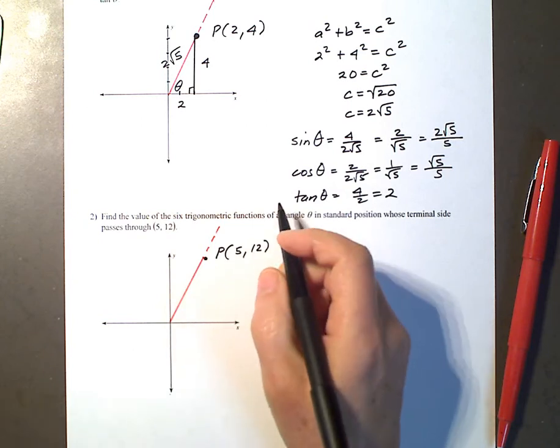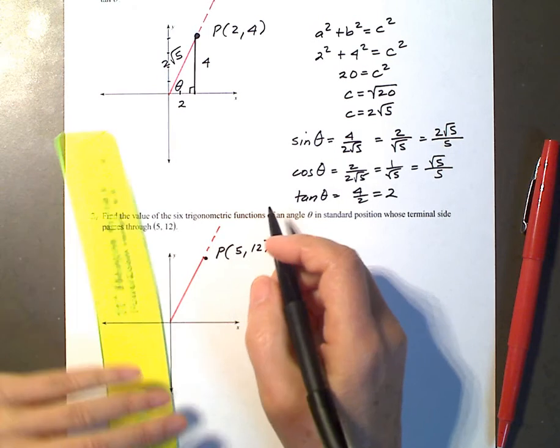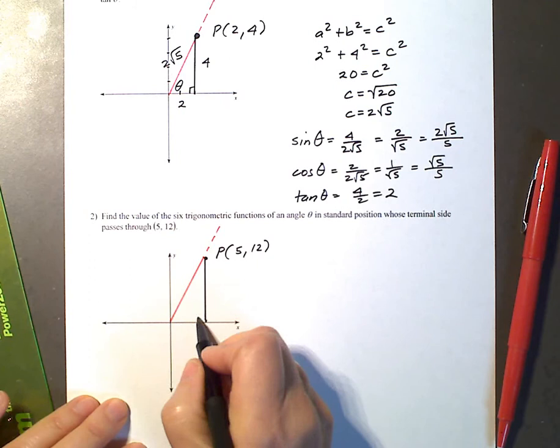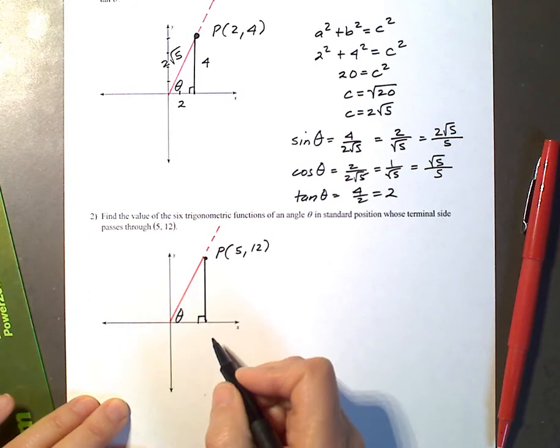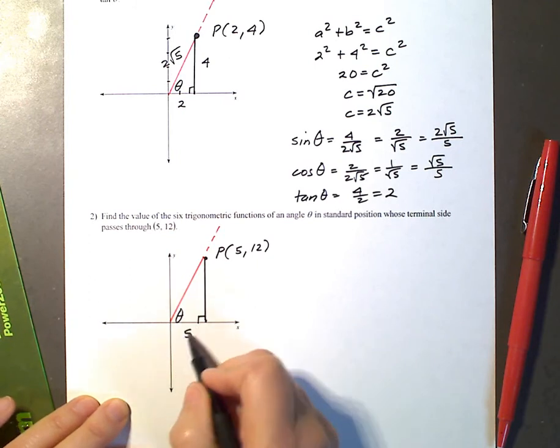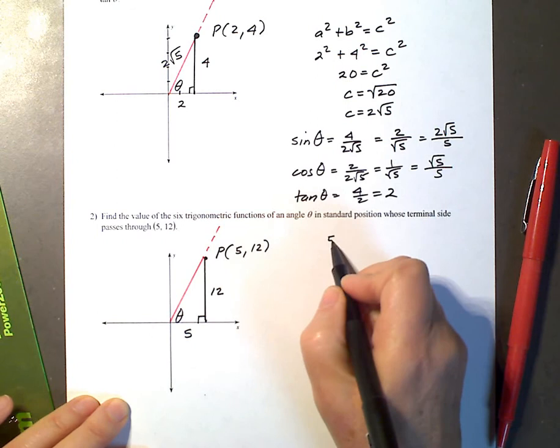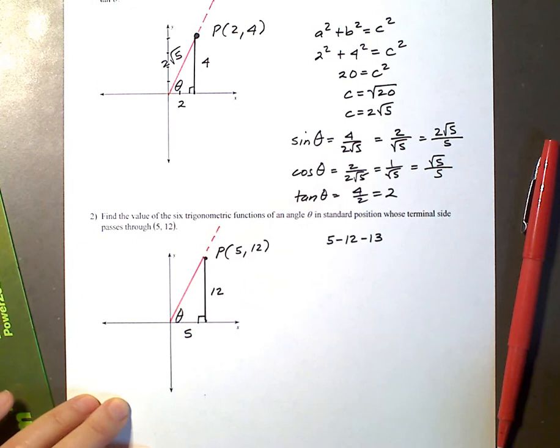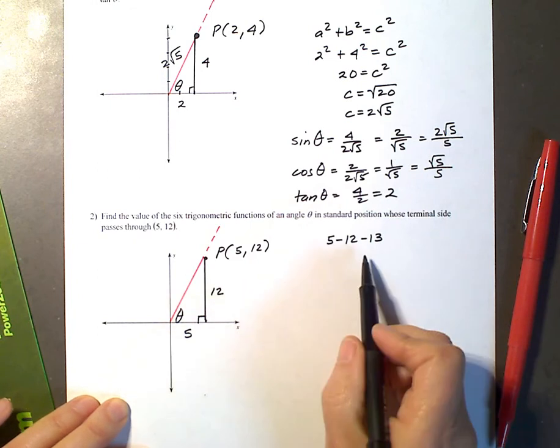So building my little right triangle, theta is here. So this is 5 and this is 12, and I'm not going to use the Pythagorean theorem here because you should remember from geometry the 5, 12, 13 Pythagorean triple.